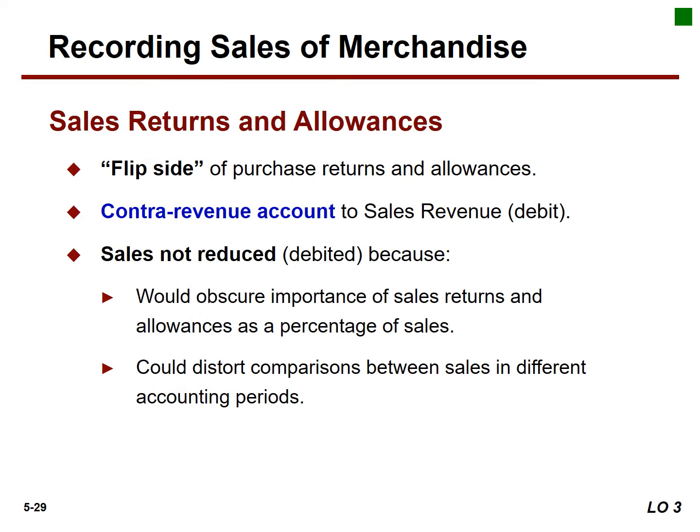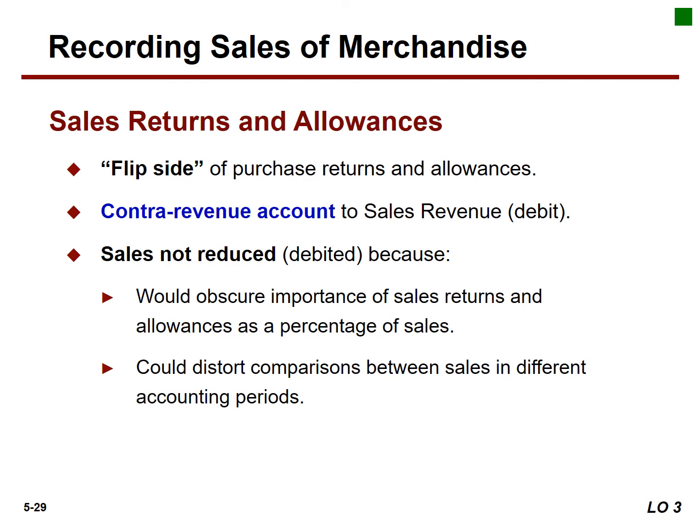Now, if you will remember, Salk Stereo returned some merchandise inventory to PW Audio Supply, $300 worth. From PW Audio Supply's perspective, that's considered to be a sales return. A sales return or a sales allowance, we talked about what a purchase allowance was. The sales allowance is the other side of the transaction, and these are considered to be contra revenue accounts.